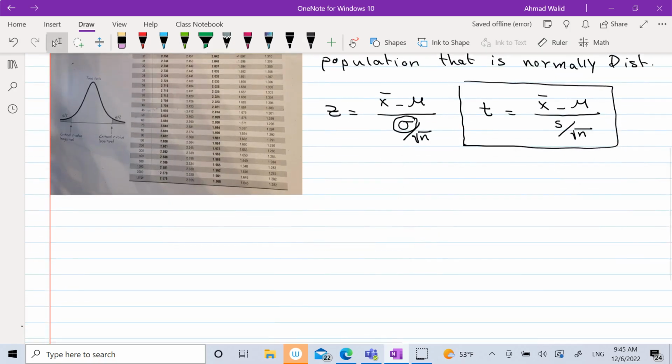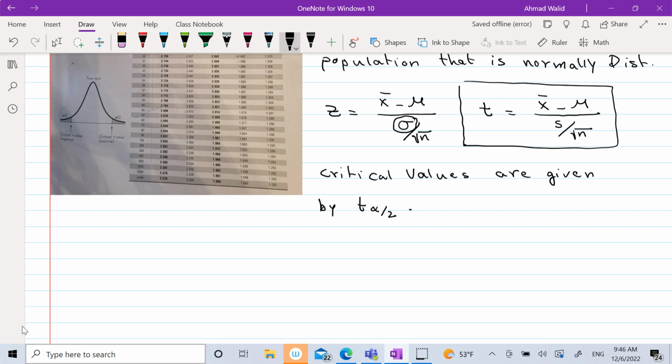Now, some more notes. You need critical values. Let's talk about our critical values. Critical values are given by t alpha over 2. Before we had z alpha over 2, now t alpha over 2.